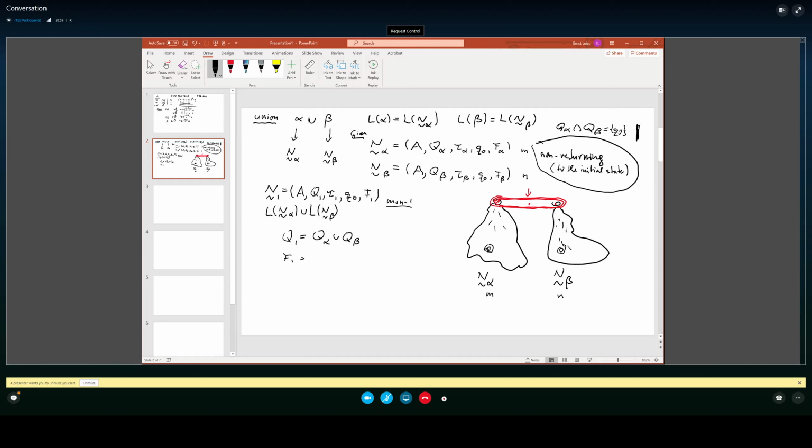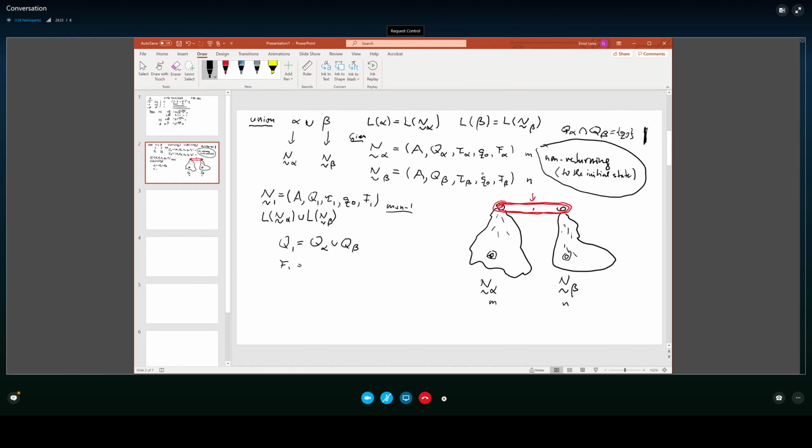Well, if there's a path from the initial state to a final state, and since we want to be able to accept everything that was accepted by the first automaton, N sub alpha, as well as everything that was accepted by the second automaton, N sub beta, we obviously, since we have basically merged the initial states of the original automata into one new initial state, we then want to have a path from that new initial state to any final state that was either in N sub alpha or N sub beta, which means we have F sub alpha union F sub beta.